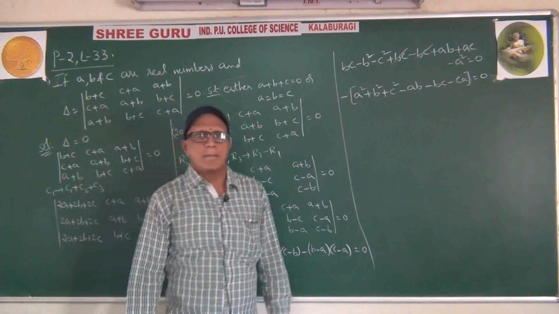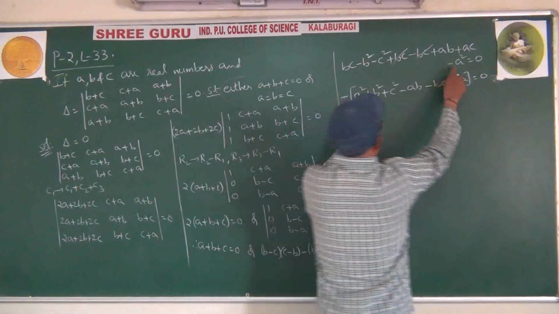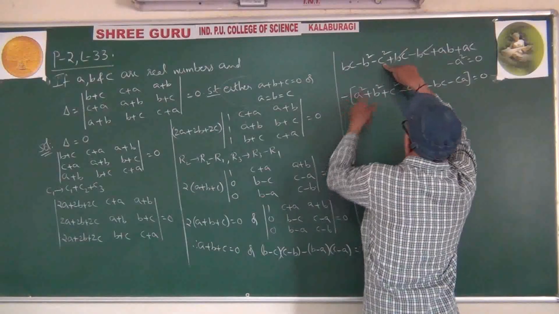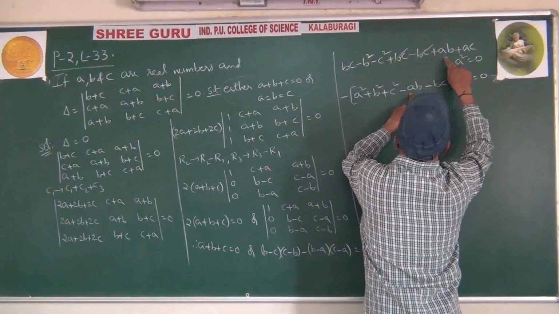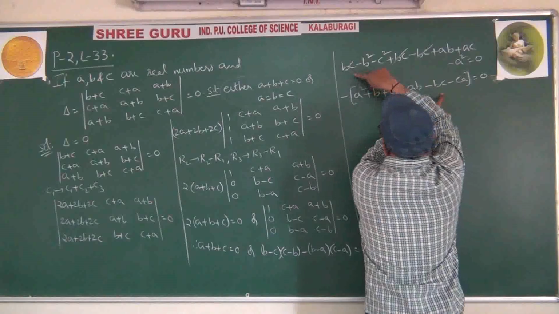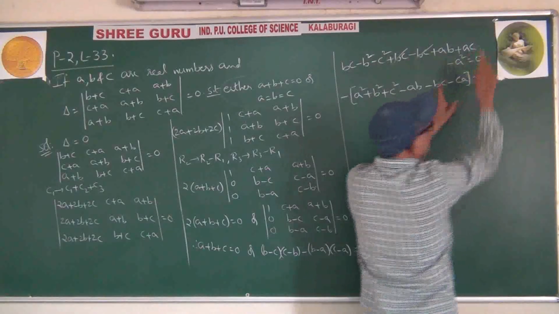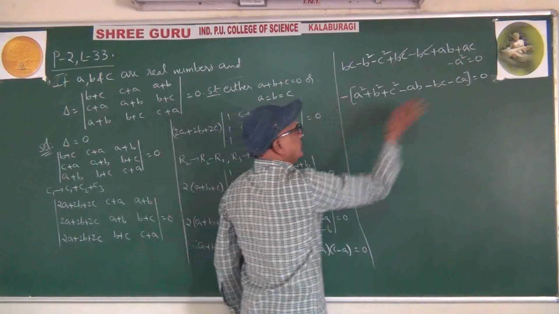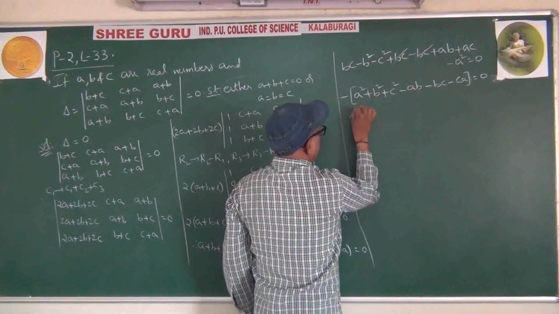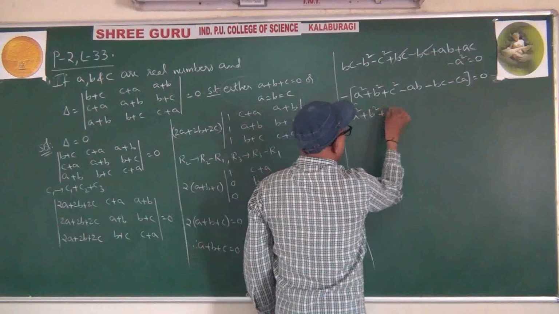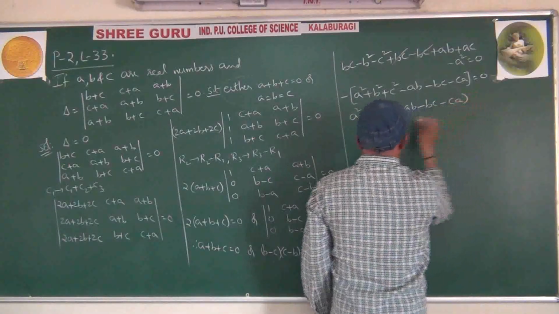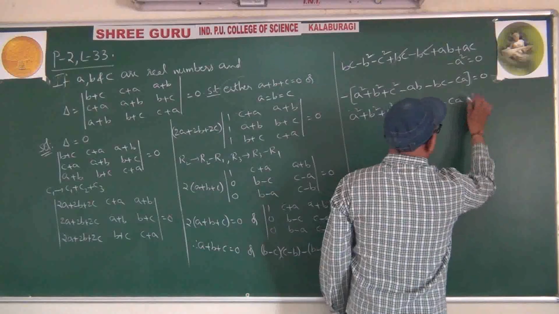Minus a square minus b square minus c square, minus into minus ab plus ab plus bc plus ac. So a square plus b square plus c square minus ab minus bc minus ca equals 0.